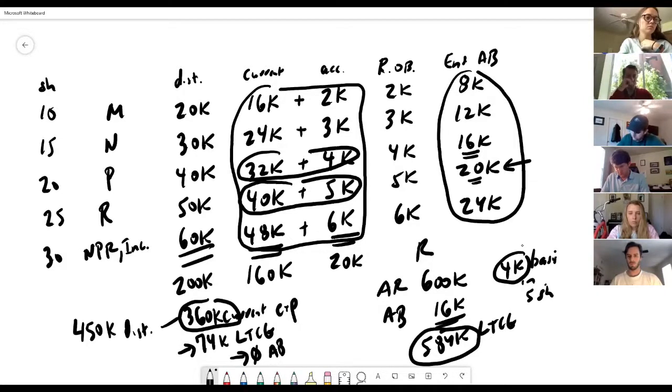And then in terms of M, N, and NPR, they are unaffected by these later transactions. And of course, there's no accumulated E&P going forward. We've drained it all. So that's that.